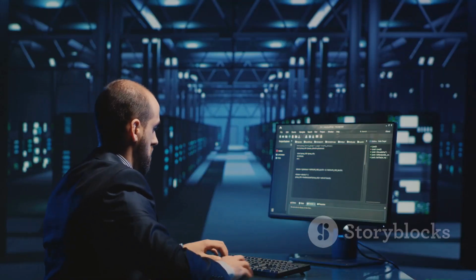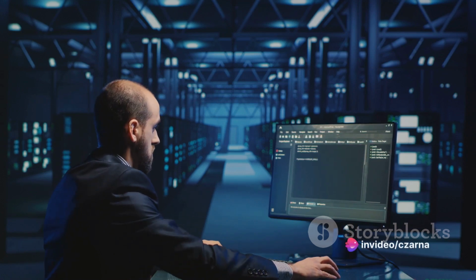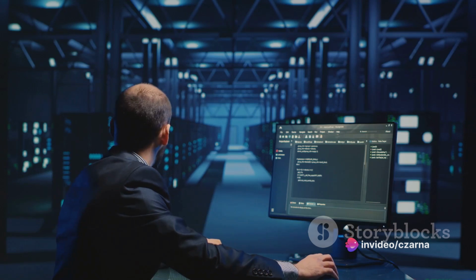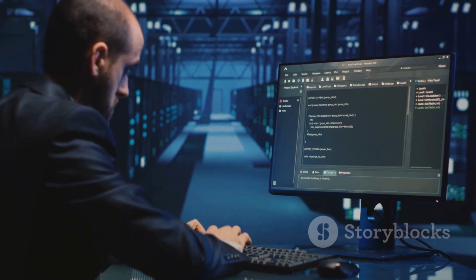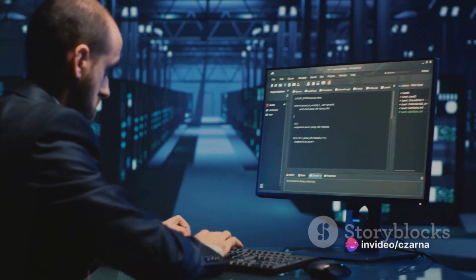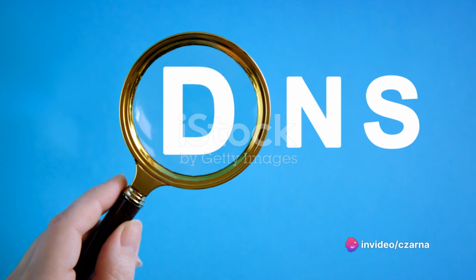But in the realm of cybersecurity, we often find ourselves far from perfection. Let's take a detour into the world of DNS poisoning. This technique is a classic example of man-in-the-middle attacks, where the attacker positions themselves between the victim and the information they're trying to access. In the case of DNS poisoning, the attacker tampers with the phone book entries.